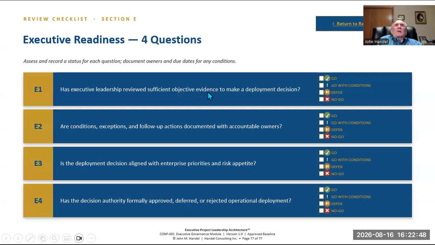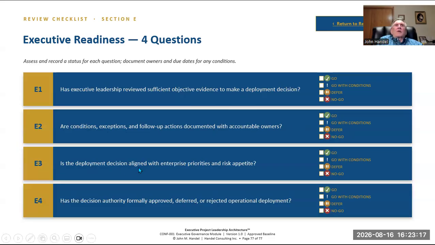This is where it forces that to happen. Are conditions, exceptions, and follow-up actions documented with accountable owners? That's where you go with conditions, and there may be some minor thing like the blue screen. You might have a due date of a week: I'll have the correct color on the screen corrected in a week, or whatever the issue is, but it has to be documented with a plan for resolving that issue.